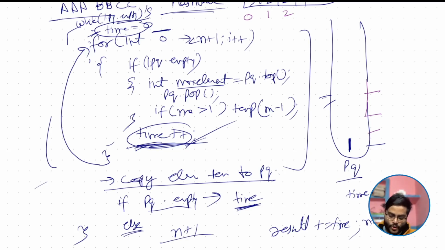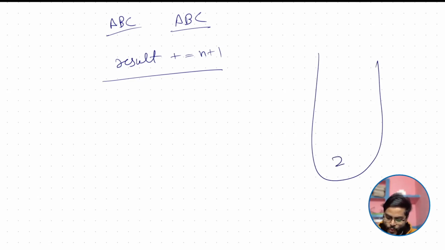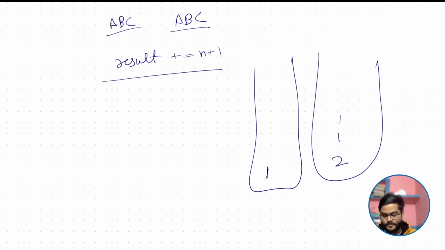So for the first two groups, for ABC and ABC group, I will increment n plus 1 in result. So for the first case, it was 2 1 1, and for the second case, it was 1.